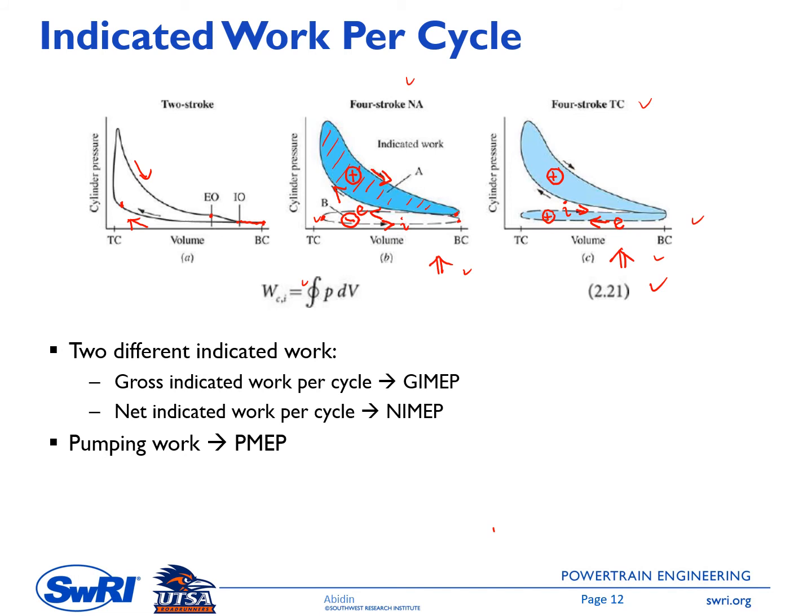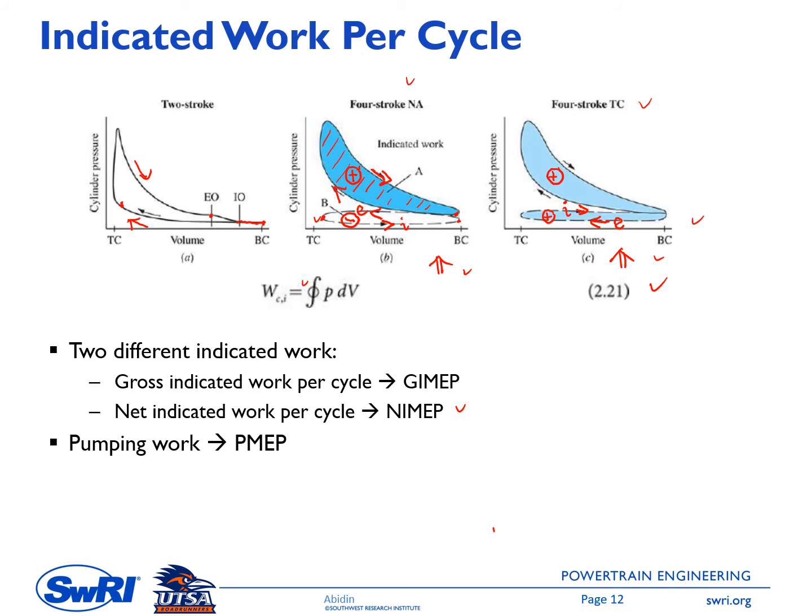The next one is called net indicated work. This is the work delivered to the piston over the entire four-stroke cycle. So it means it's the net of the work, and this is the work that is transferred to the piston, and then from the piston it is transferred to the crank mechanism.